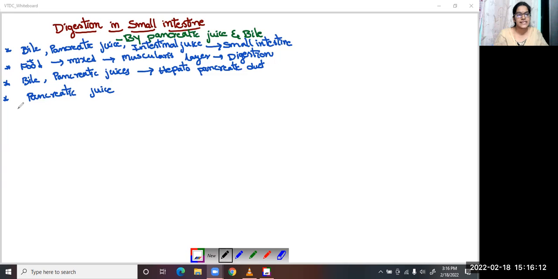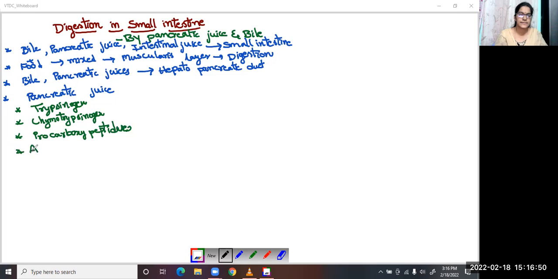Pancreatic juice contains various enzymes like trypsinogen, chymotrypsinogen, procarboxypeptidases, and amylases, lipases, and nucleases.